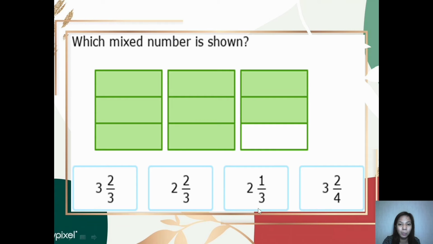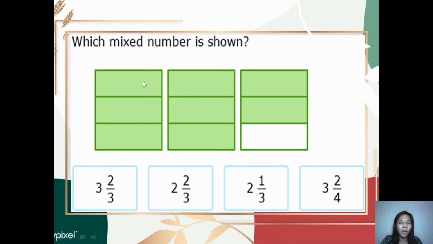It has a whole part on this side, like 3 and 2 thirds, 2 and 2 thirds, 2 and 1 over 3, or 3 and 2 over 4.